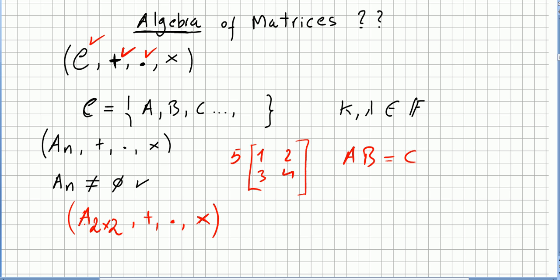So the space of 2 by 2 square matrices is an algebra, an algebra of matrices.